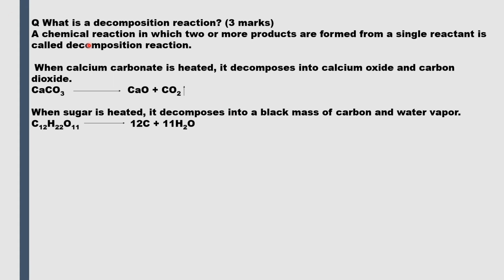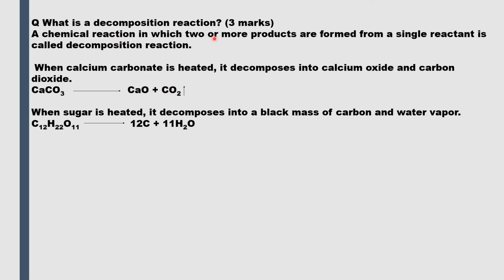Next question, what is decomposition reaction? And of course you will have to give an example for decomposition reaction for 3 marks. So definition of decomposition reaction: a chemical reaction in which 2 or more products are formed from a single reactant. So there is a single reactant which forms 2 or more products.